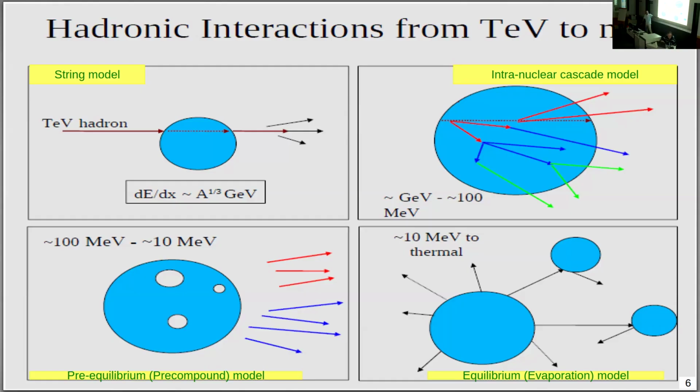The last step, on the bottom right, is when we have this excited nucleus, in a statistical equilibrium but not in the ground state, and it will go to the ground state by emission of lower energy gammas, proton, neutron, and light fragments. So these are essentially the four main building blocks that we need to describe hadronic interaction.